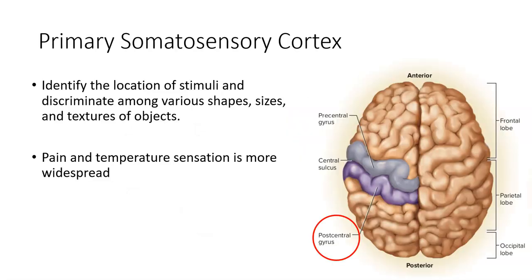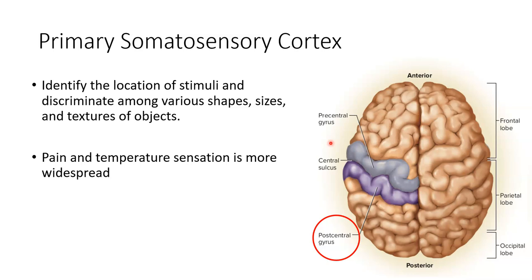Moving on to the most important part, as I just mentioned, the primary somatosensory cortex is located in the post-central gyrus, just behind the central sulcus. Its function is to identify the location of stimuli based on touch and discriminate among various shapes, sizes, and textures of objects.